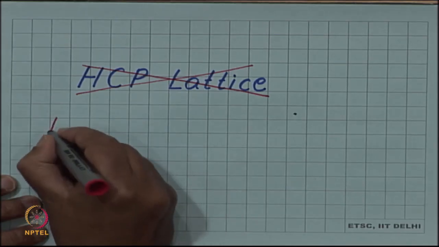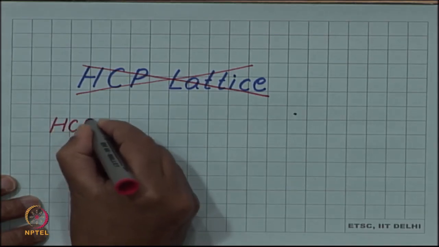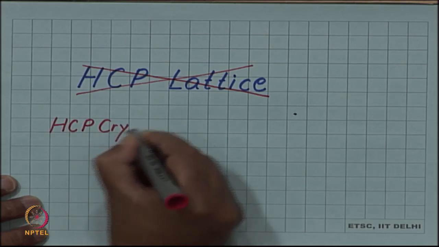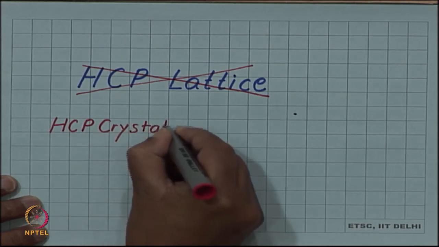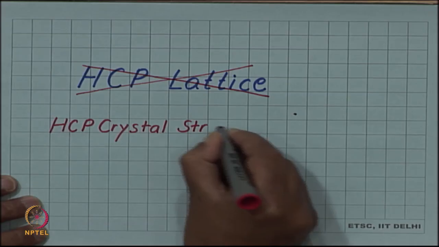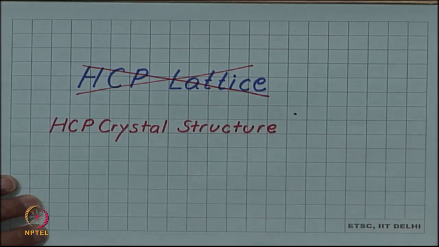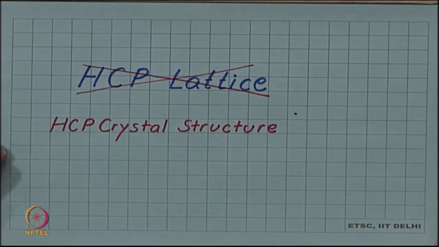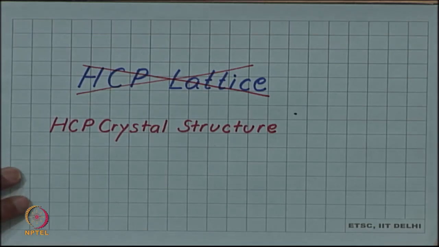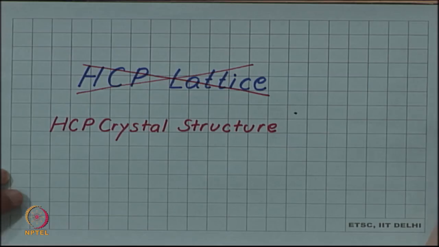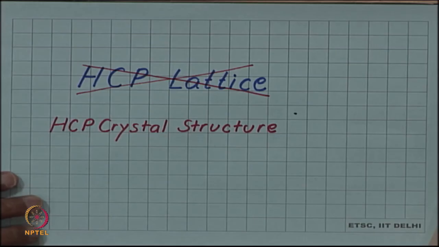It is always HCP crystal structure, because if you have HCP lattice, remember we already have 14 Bravais lattices with only one hexagonal lattice, the simple hexagonal. If you have another hexagonal lattice, hexagonal close packed lattice, so you are going for 15th lattice. This is something which we do not want to have.